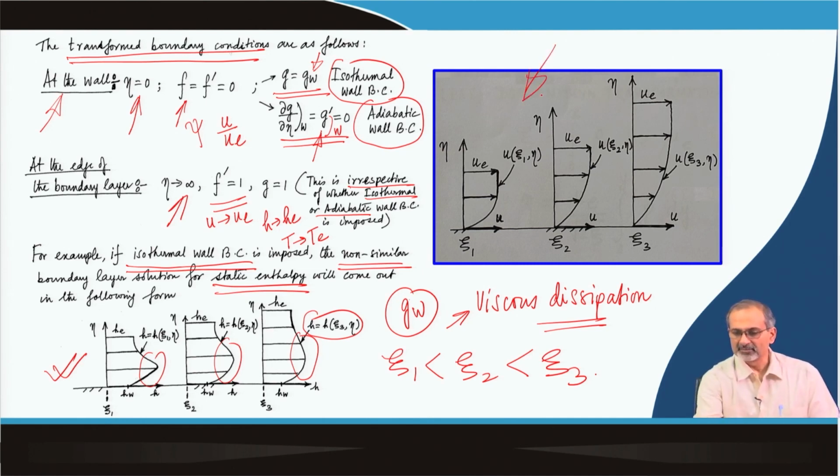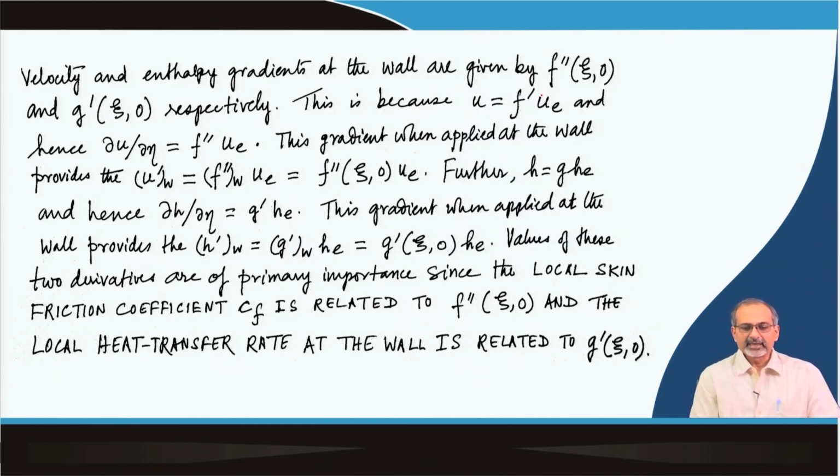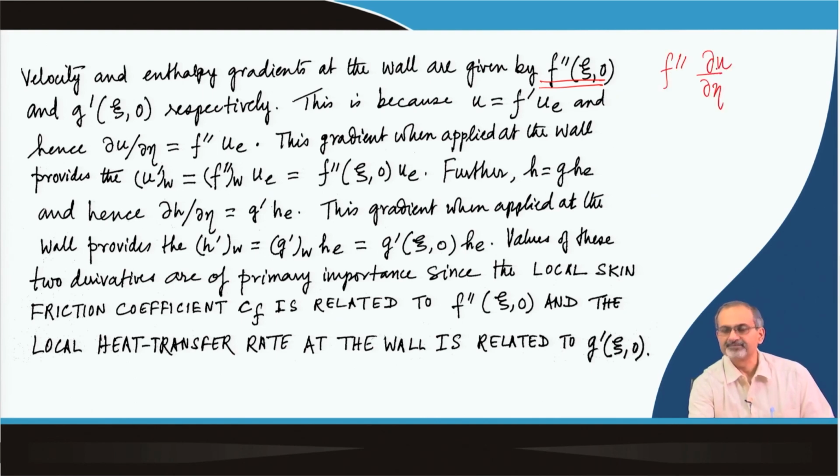Again, since it is going to be a non-similar solution, when you look at the kinematic part, the velocity distribution, it varies from station to station. It does not collapse to a single profile. Velocity and enthalpy gradients at the wall are given by F double dash, because F double dash has a connection with this, and in terms of the enthalpy it is G dash, and again it depends on the streamwise station xi.